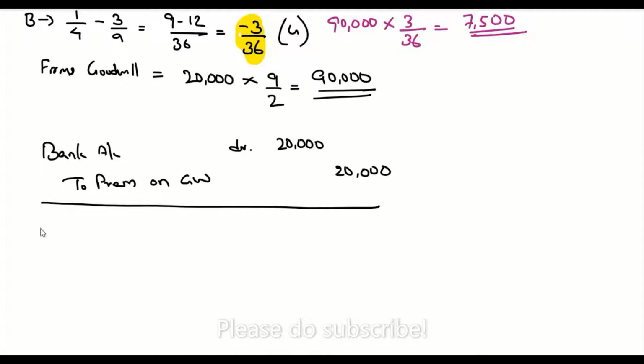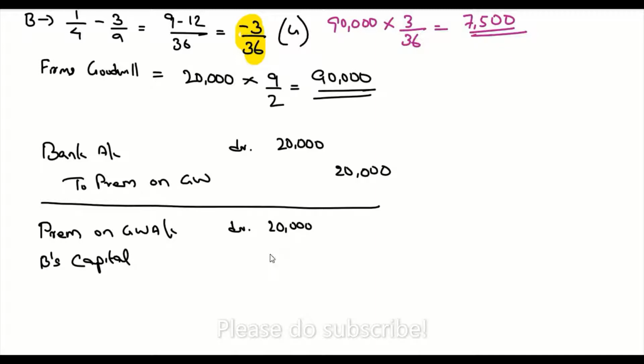Now we have to divide this goodwill and B's share of goodwill to the sacrificing partner. So premium on goodwill account debit 20,000. Then we have B's capital account, because B is not bringing in goodwill as cash.